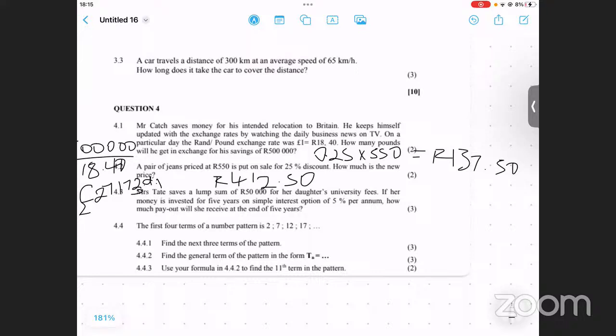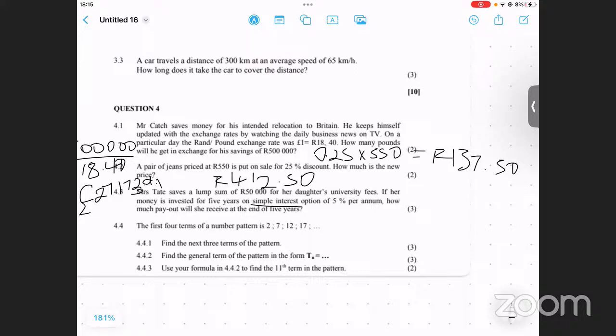If her money is invested for 5 years on a simple interest option of 5% per annum, how much payout will she receive at the end of 5 years?